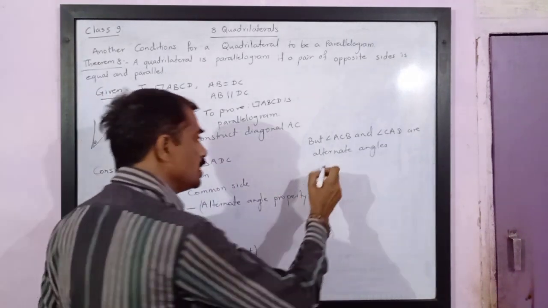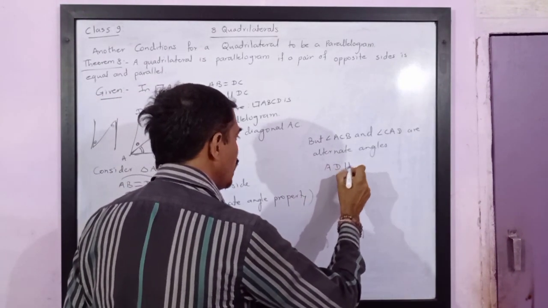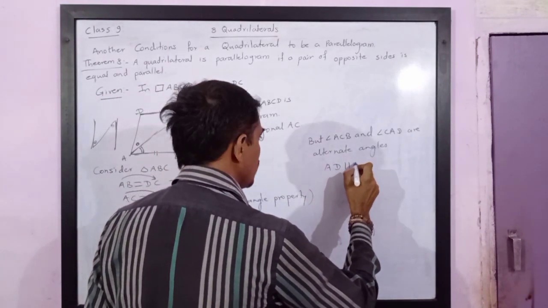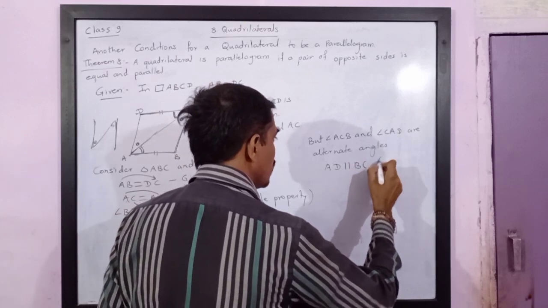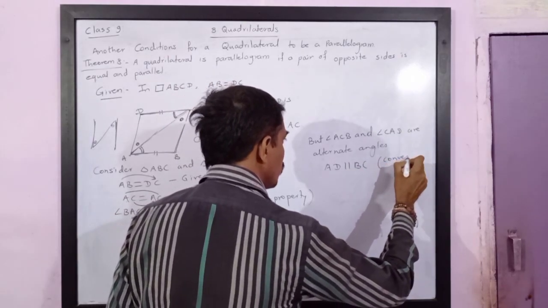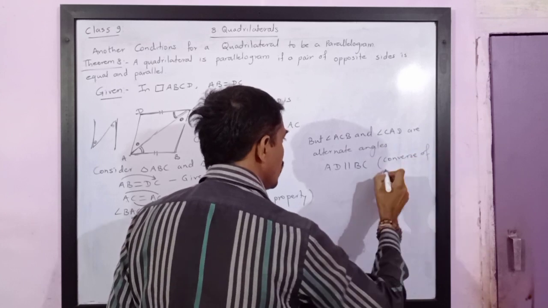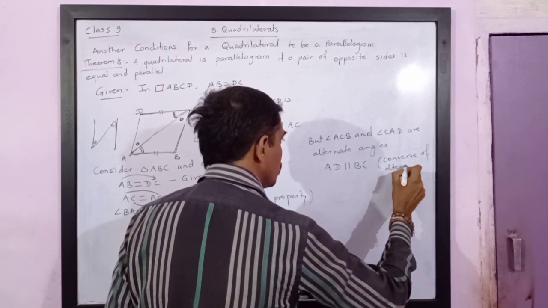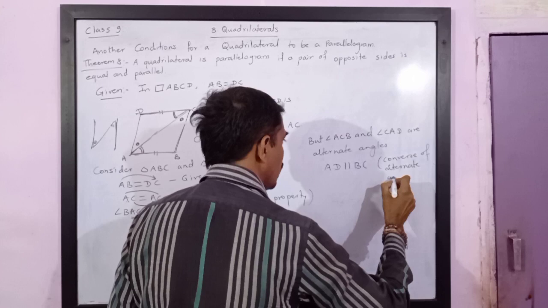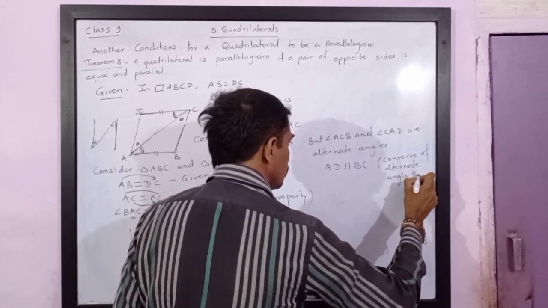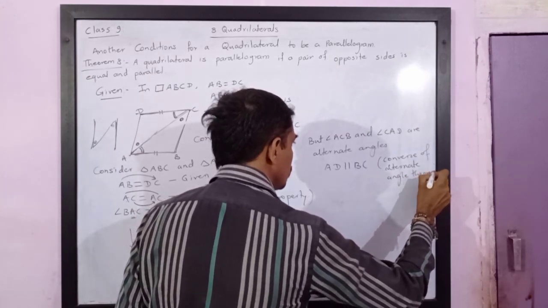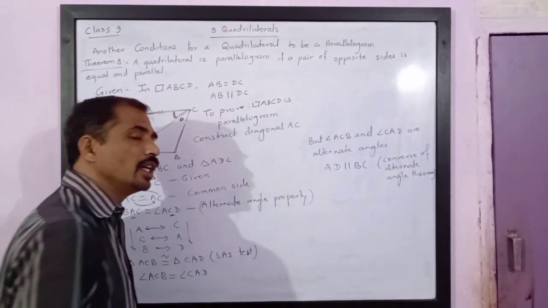That is, AD is parallel to BC. The reason is the converse of the alternate angle theorem: if alternate angles are congruent, then the lines are parallel.